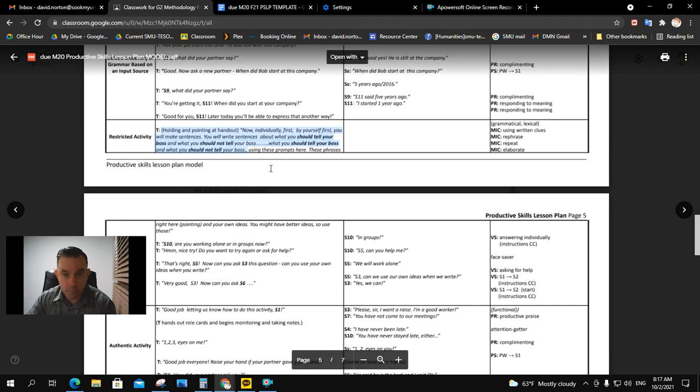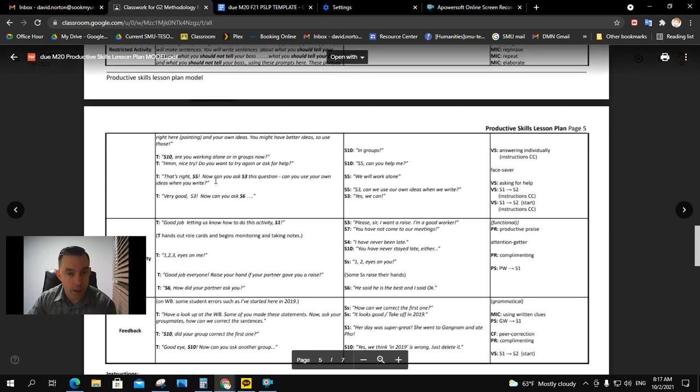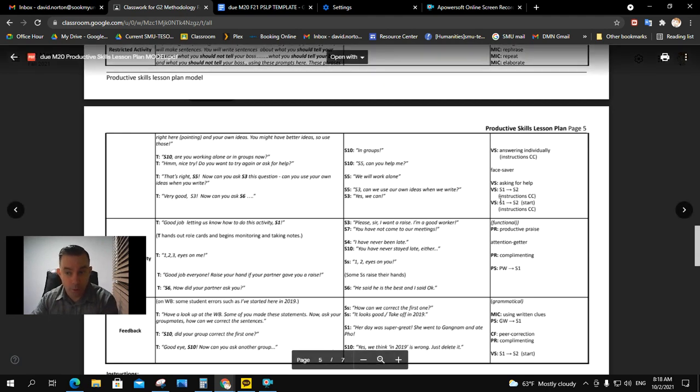So I have clearly described my instructions, and then I show a few comprehension check questions. I could probably just show the instructions and one comprehension check question, and that would be enough. I did do a couple of comprehension check questions just to show you, and also to model asking for help.